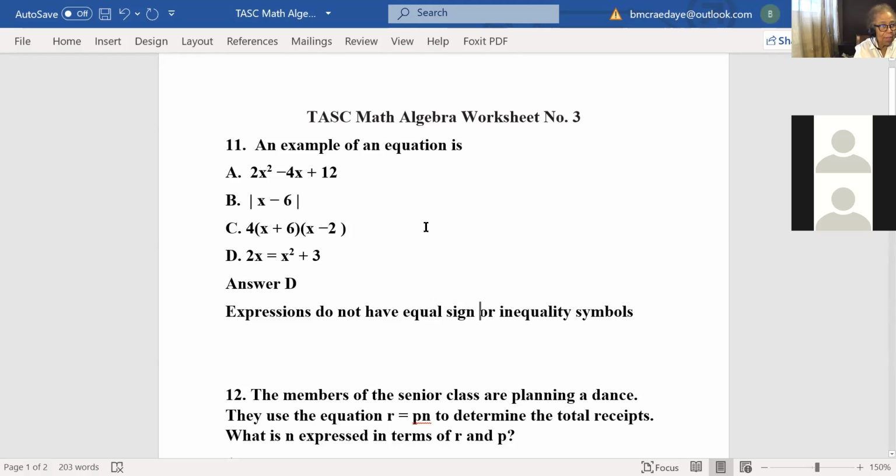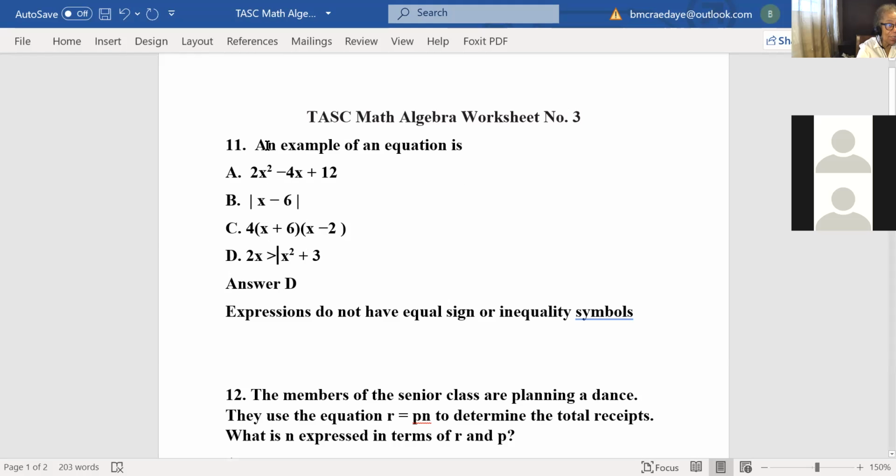Okay, so an example of an equation is the one that has the equal sign, which is D. So notice the difference between expressions, equations, and inequalities. So if in this list, I change this to say, let me just put this, okay.